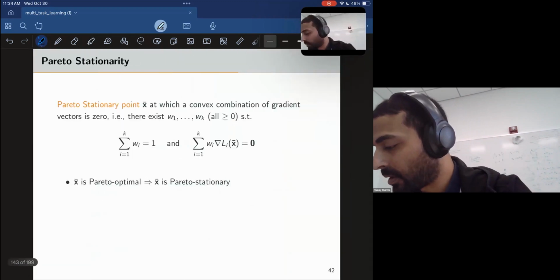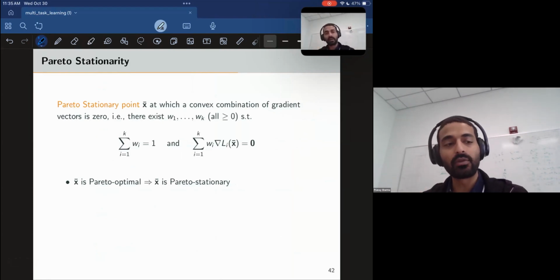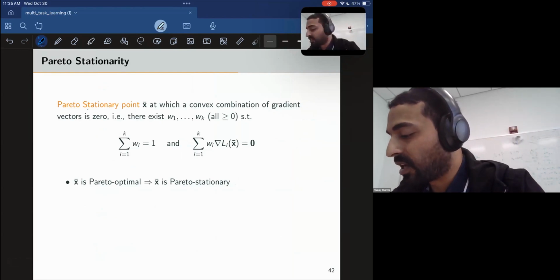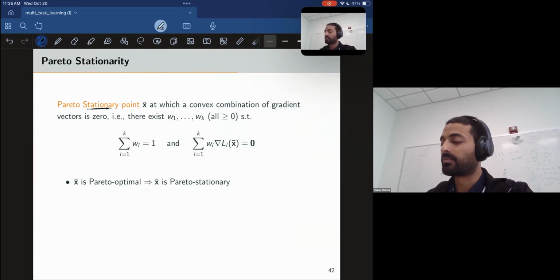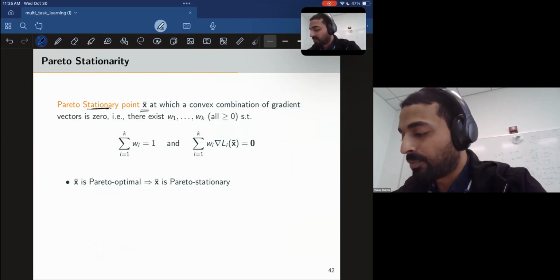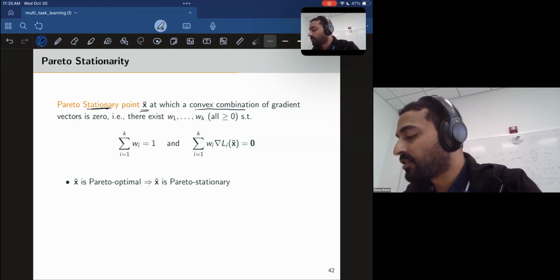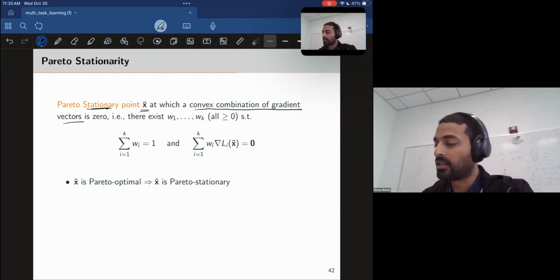If you are at a point from where you can reduce all the losses simultaneously, it's not a Pareto optimal solution. Now, because we often deal with non-convex functions, instead of Pareto optimality, we have to settle with something weaker, which is Pareto stationarity. So at a Pareto stationary point, we can find a convex combination of our gradients for different losses, and this convex combination would be zero.